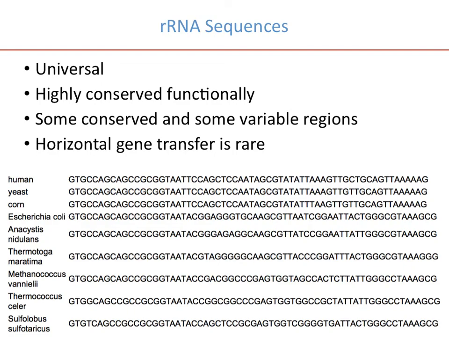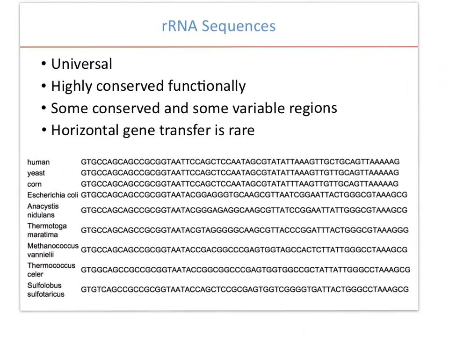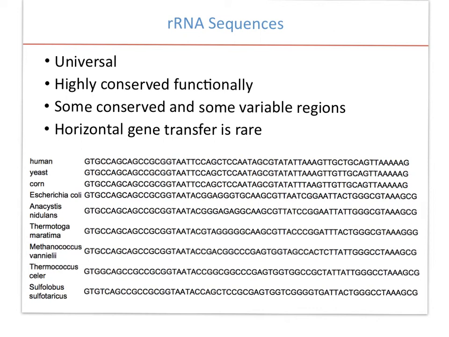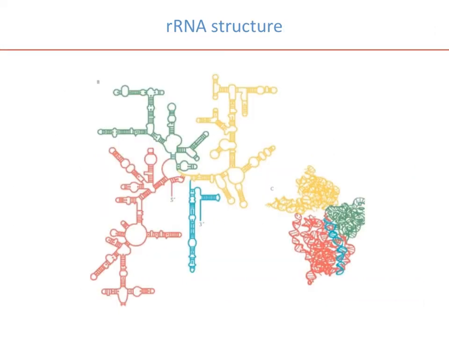And again, a reminder of just how conserved some of these sequences are across all groups of life. Really similar. This represents the structure of the rRNA molecule. So this is the two-dimensional structure, and then folded up is the three-dimensional structure.